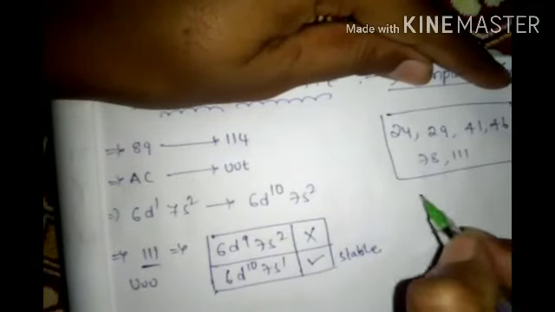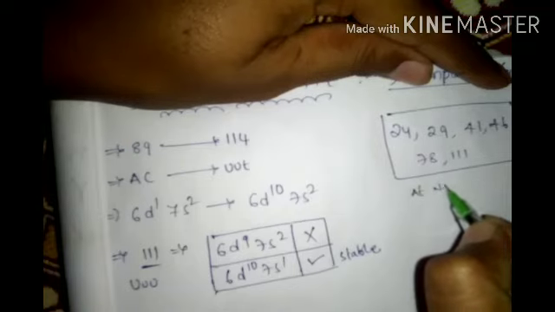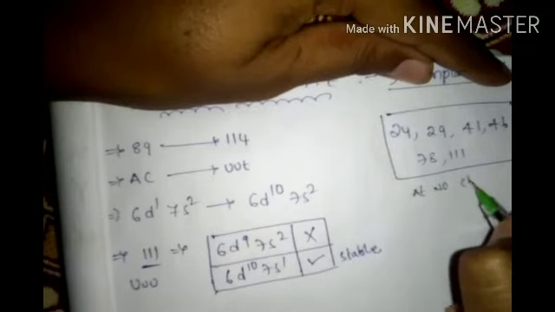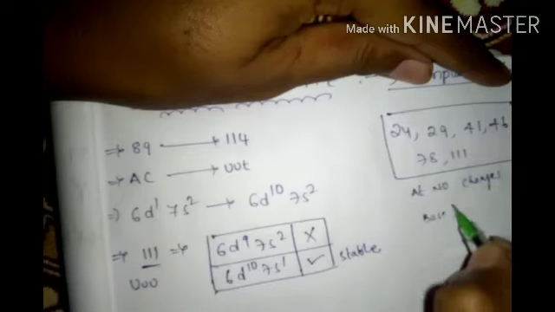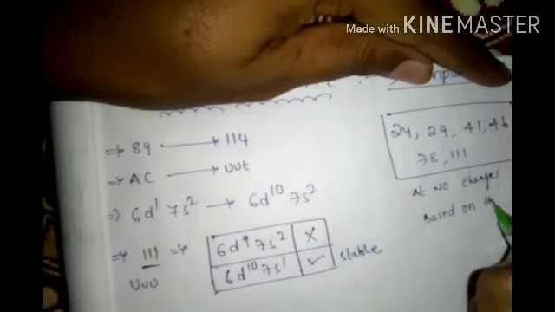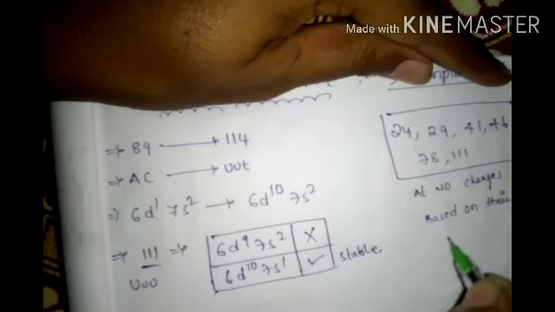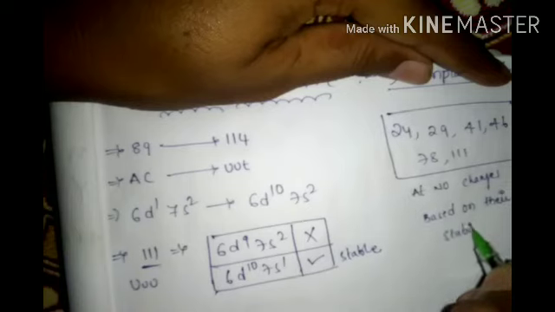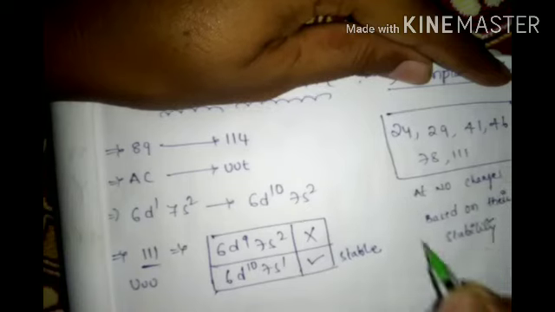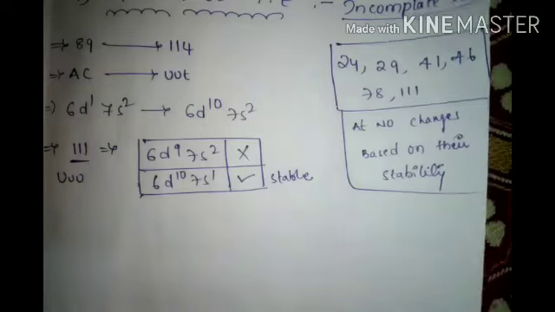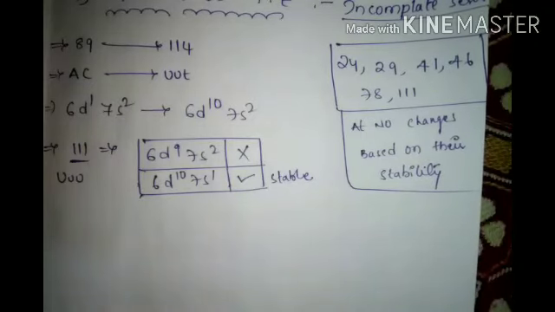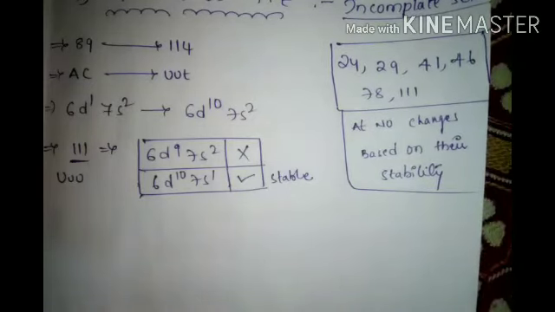These atomic numbers change their electronic configuration based on their stability. Based on their stability: 24, 29, 41, 46, 78, 111.